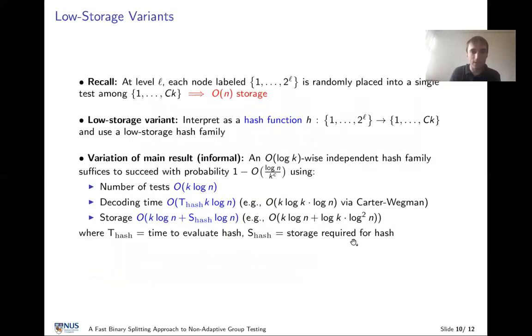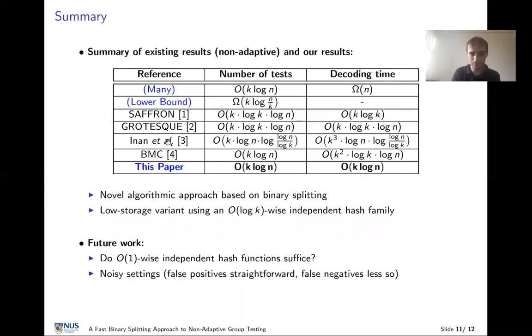Okay, so the analysis here is similar, but we need to be a bit more careful because we don't have full independence, and the details are again in the paper. Here is again the summary of existing results and our result, where the first, or I should say equal first in light of this concurrent work, to get the simultaneous k log n number of tests and decoding time. And we can also get low storage by using hash families instead of full independence.